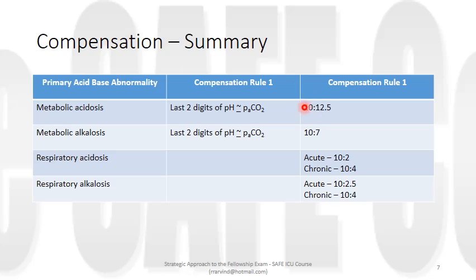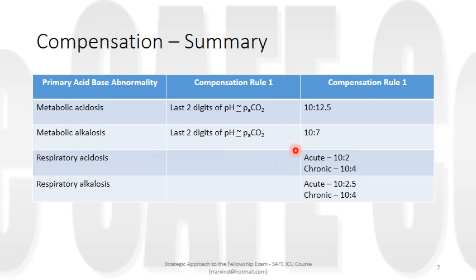For metabolic alkalosis, for every 10 millimoles rise in the bicarb, the patient starts hypoventilating, and the carbon dioxide rises by 7. So it's 10:7. So 10:12.5 for metabolic acidosis, 10:7 for metabolic alkalosis.